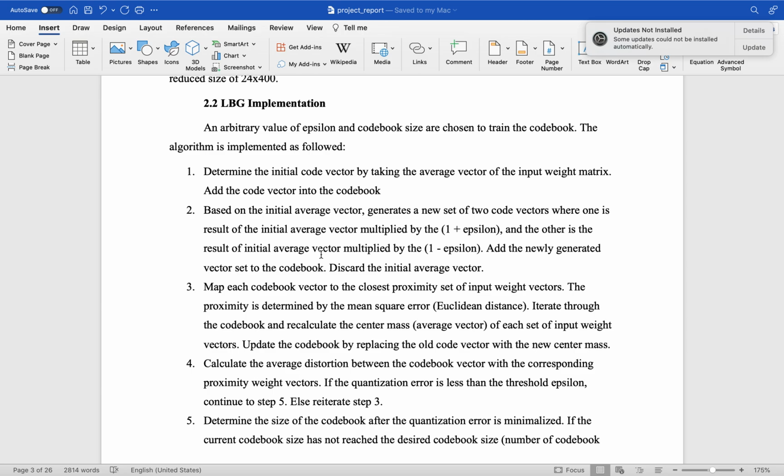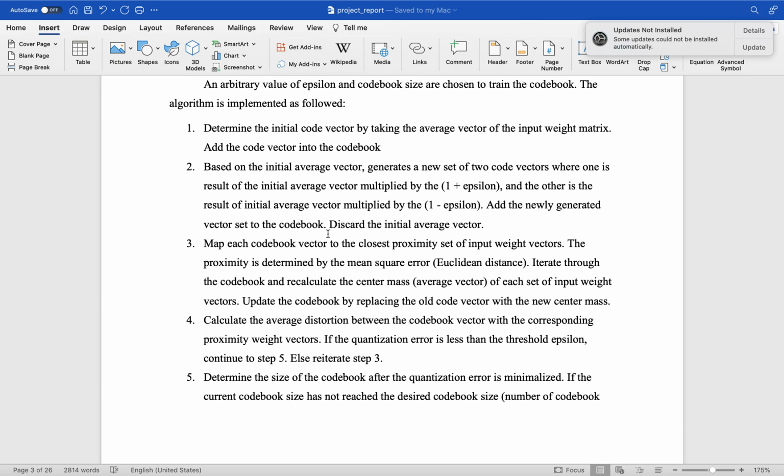From this initial code vector, we will generate a new set of two code vectors based on the initial average. We take the initial average vector and multiply it by a factor of 1 plus epsilon, and the second is the initial average vector multiplied by 1 minus epsilon, so that they diverge.